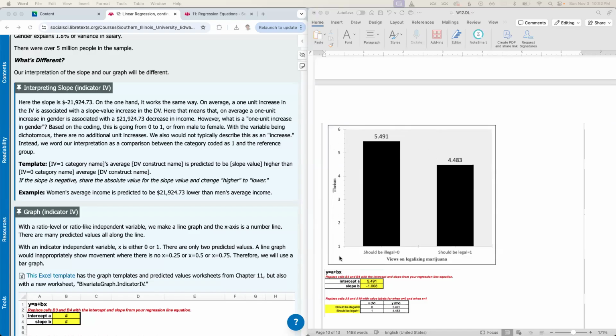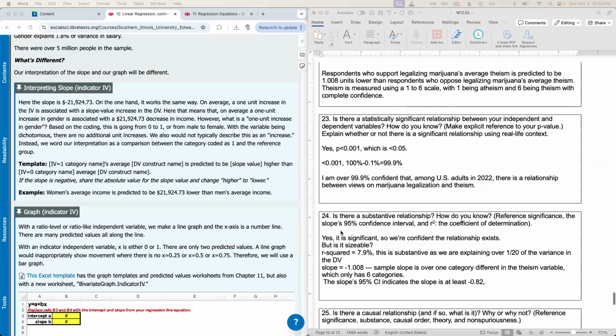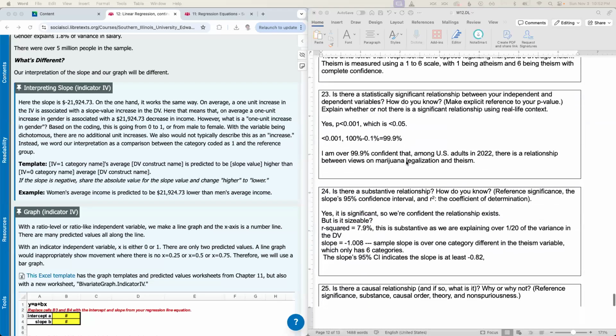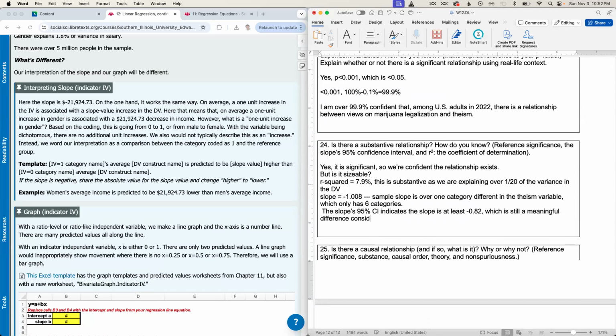Not these two, but I'm saying in terms of among this scale. So I would say that's a meaningful difference considering we have a 1 to 6 scale.